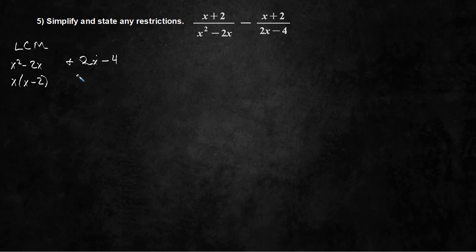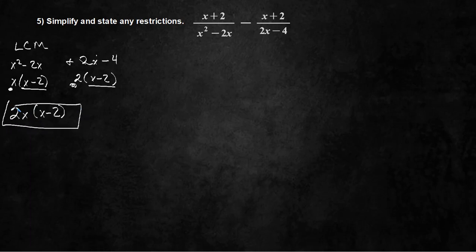And the common factor on the second one is a 2, and x minus 2 will be left behind. So between these two, our common factor is x minus 2. And the other two things that we need to account for are the x and the 2. So 2x times x minus 2 is your LCM.